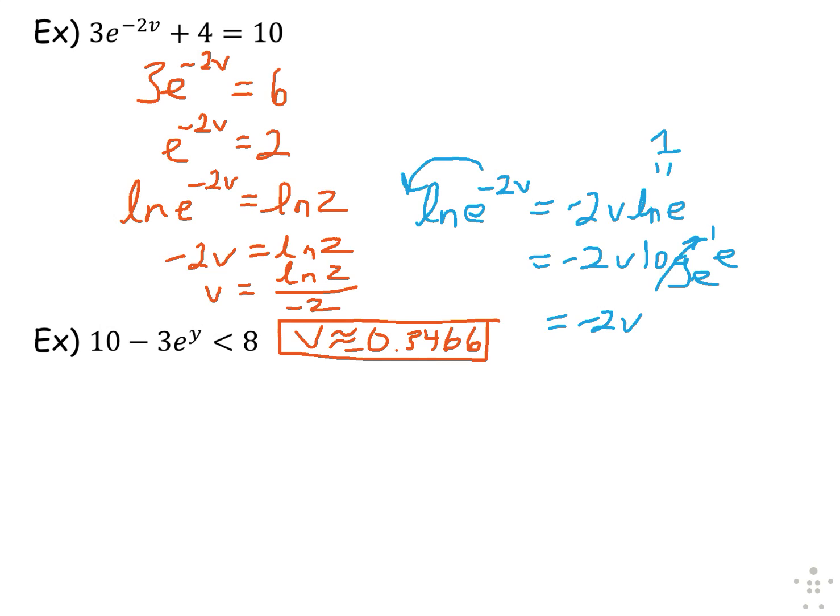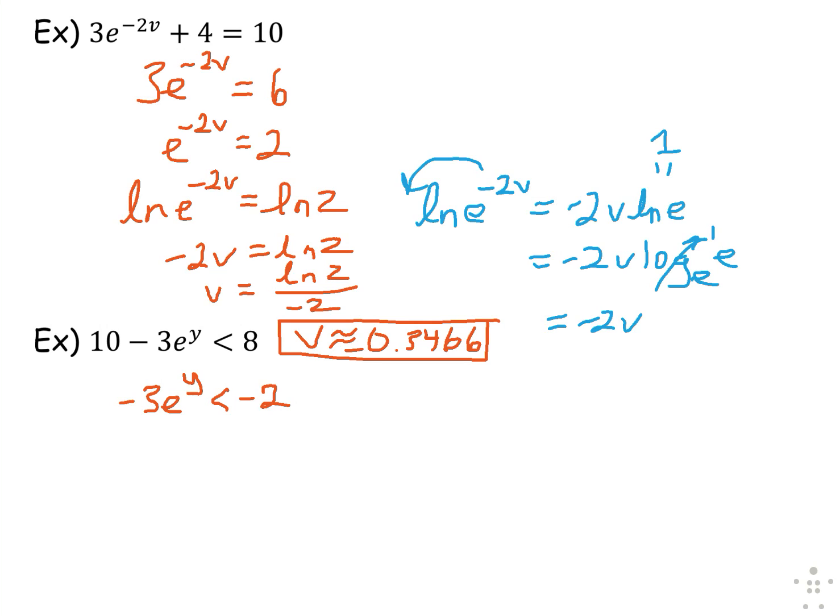For the last problem with the inequality, as long as we don't multiply or divide by negative, it'll be just like the equations. And so we're starting off by subtracting 10 to the other side. Notice that is a positive 10. So then that means when it goes to the other side, it must change signs. And so we're left with negative 3 e to the y is less than negative 2.